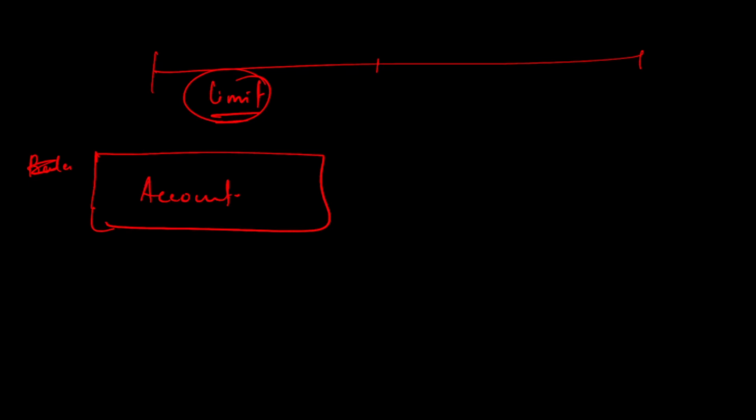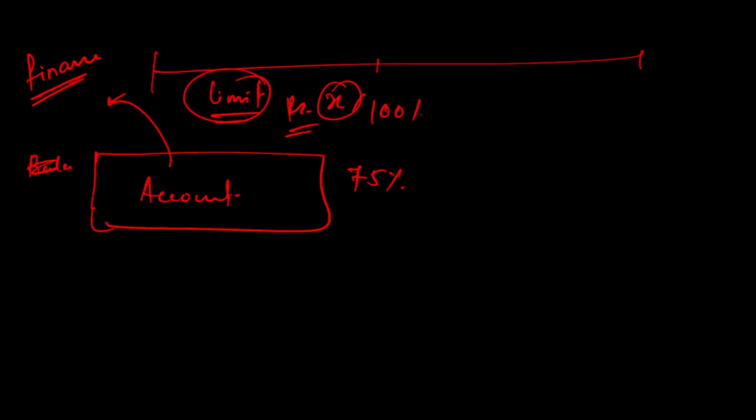So let us say rupees x is the limit given by RBI to the Government of India, and Government of India can get up to rupees x from this particular account for its finances, right? So whenever this limit is crossed to 75%, let us assume that RBI gave Government of India a limit of 100 rupees through ways and means advances, and Government of India has already taken 75 rupees from this account.